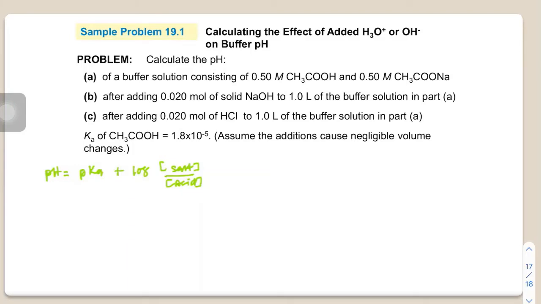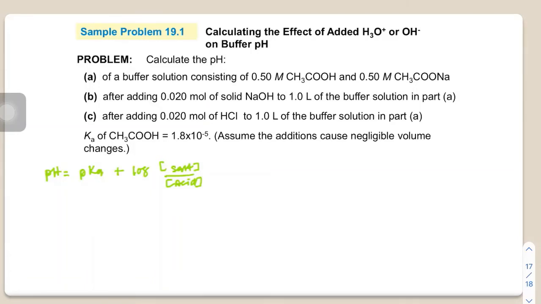We know that there are two Henderson-Hasselbalch equations, either pH or pOH. This time I'm using pH equal to pKa because this system is an acidic buffer system. If we have a basic buffer system, then we use the equation pOH equal to pKb plus log concentration of the salt over base.